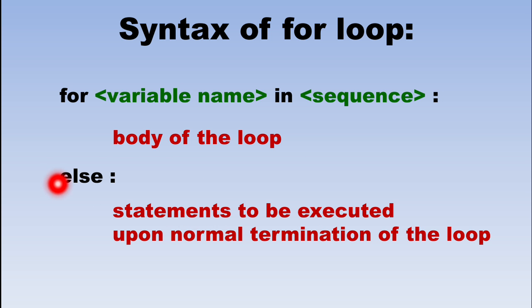If this is not specified, simply the program control jumps out of this for loop and starts to execute the remaining program. But if this is present, then after completing this sequence, the program control will come to this else clause and it will be executing these statements, and after that the for loop is going to be terminated.